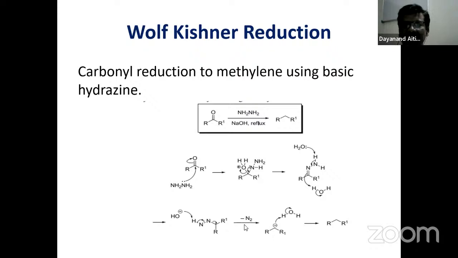Nitrogen is removed and a carbanion intermediate is formed. Very important point: the intermediate formed is a carbanion. The carbon has a negative charge, and finally it is converted into a saturated hydrocarbon. This is known as Wolff-Kishner reduction.